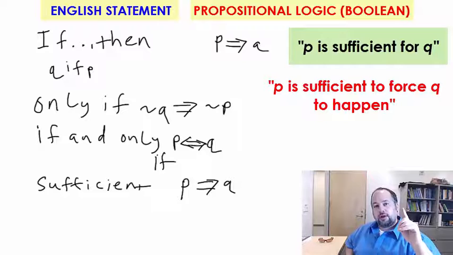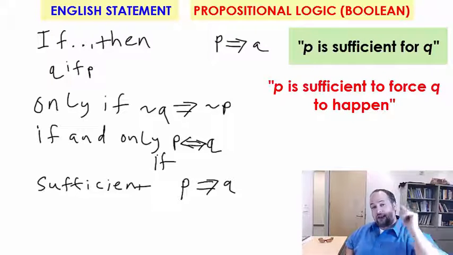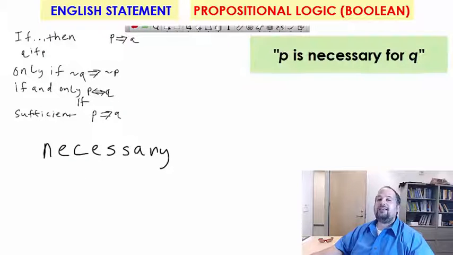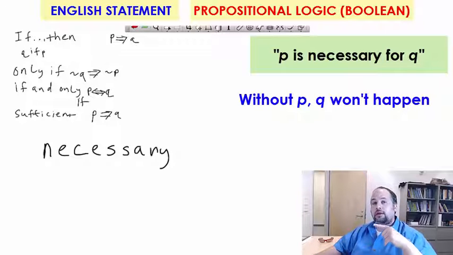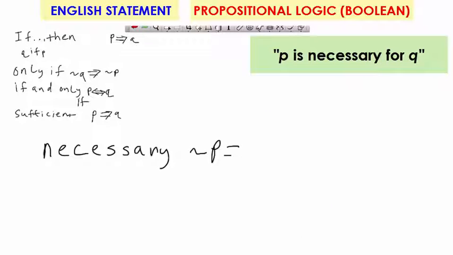Sufficient is used a lot in math and proofs, and is linked to the next thing we're going to talk about, necessary. When we say P is necessary for Q, we're really saying without P, Q won't happen, which translates logically to not P implies not Q, which we know is the contrapositive of Q implies P.